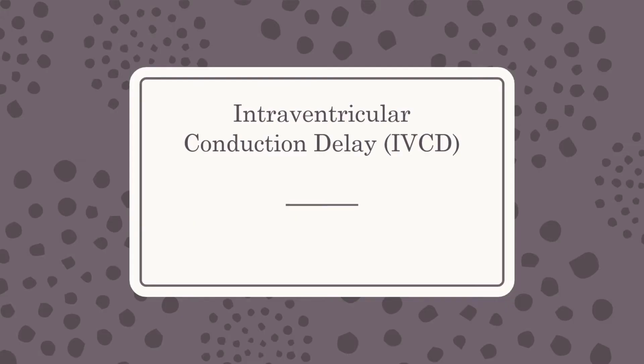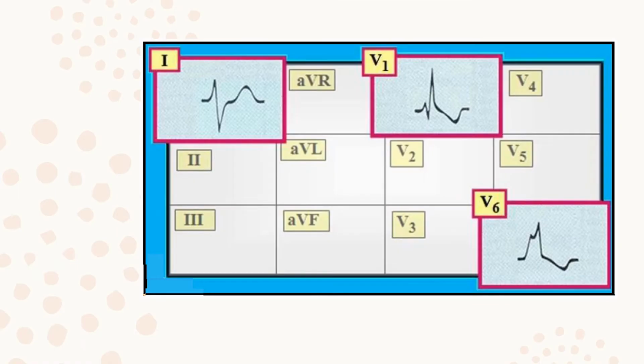Remember, the next one is IVCD, intraventricular conduction defect or delay, whichever word you like best. What we see with an IVCD is that we know there is some kind of delay, we just can't tell if it's left or right.